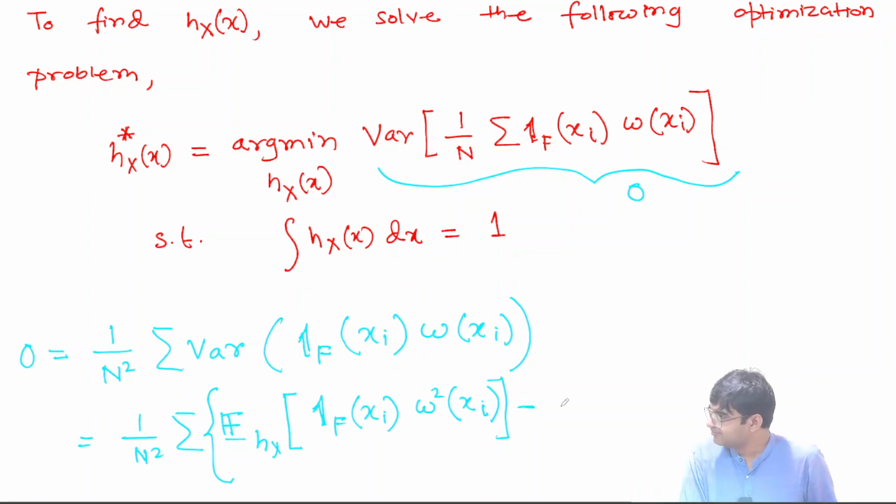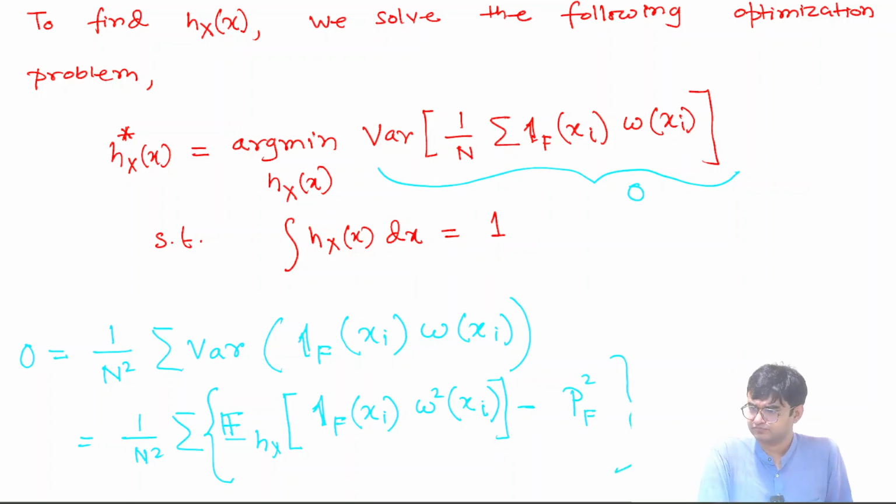And we also showed that importance sampling is an unbiased estimator, which means expectation of the estimator will give me the actual quantity. Therefore the expectation of the estimator sitting inside will come out to be PF, which means minus PF square. Clear?